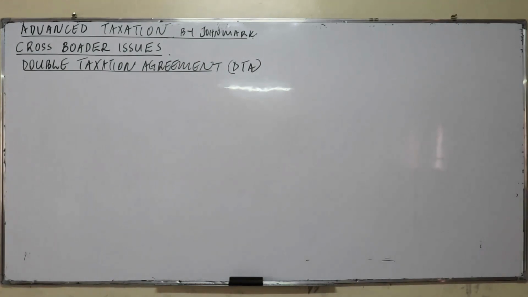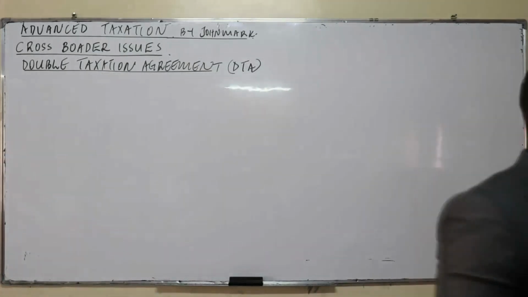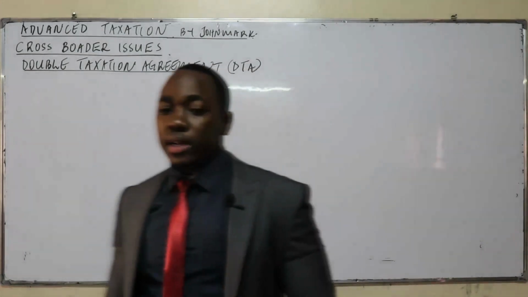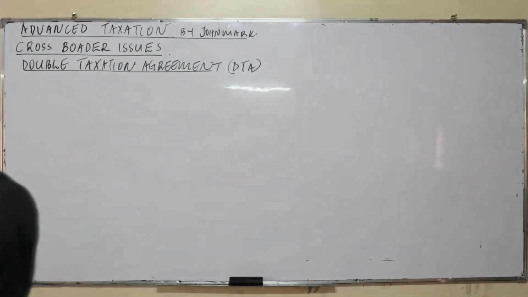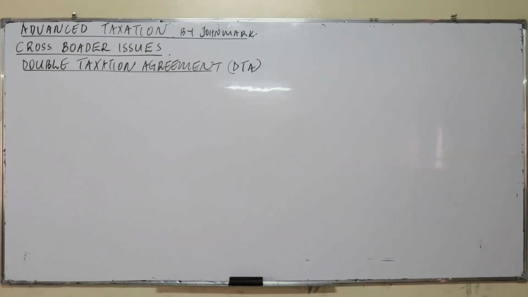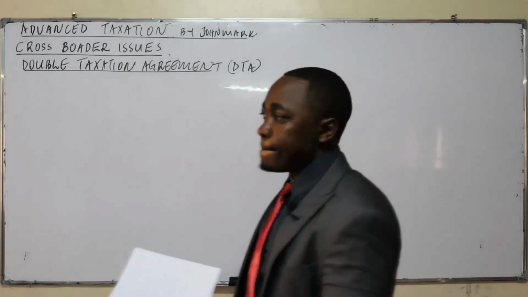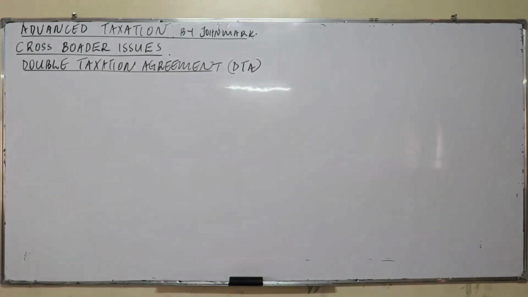DTA is an agreement between Kenya and other countries, seeking to address the implication and avoidance of double taxation.